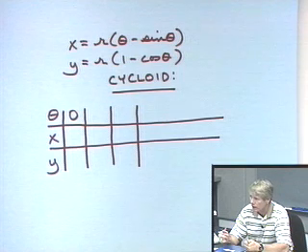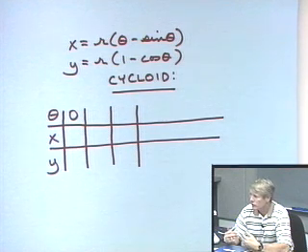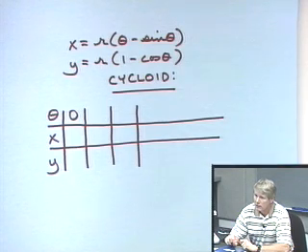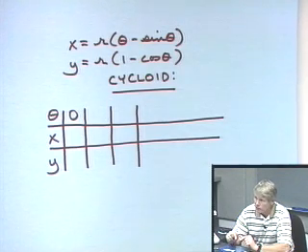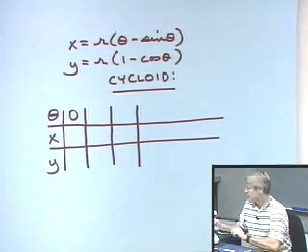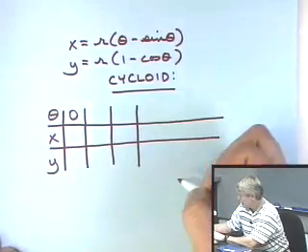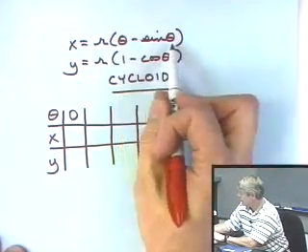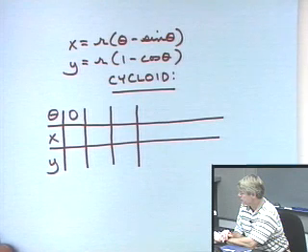It's understood to be radians. If you say 3, it's understood to be 3 radians. But if you want 3 degrees, you have to actually specify 3 degrees. If you don't see any unit at all, it's radians. So 0 radians. All right, let's figure out what the x value is.